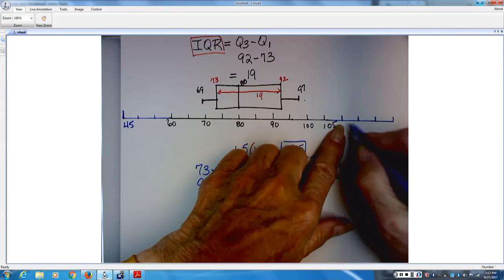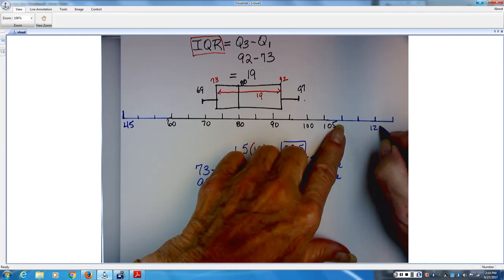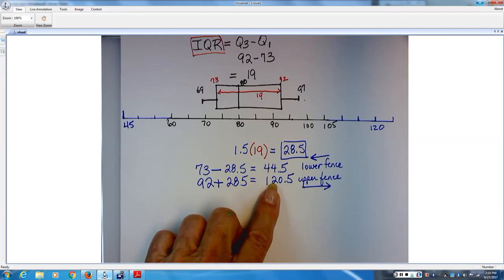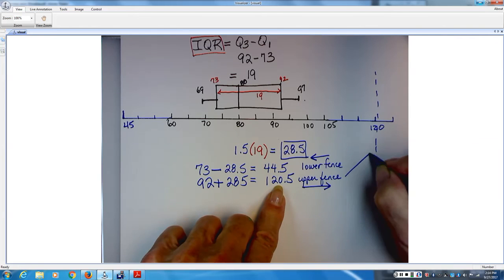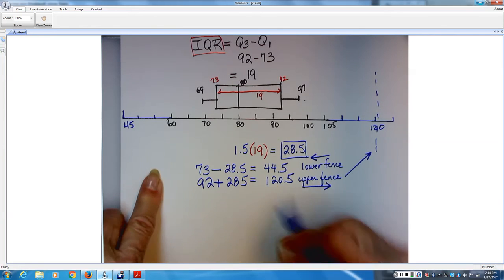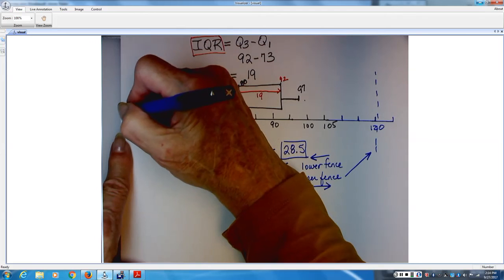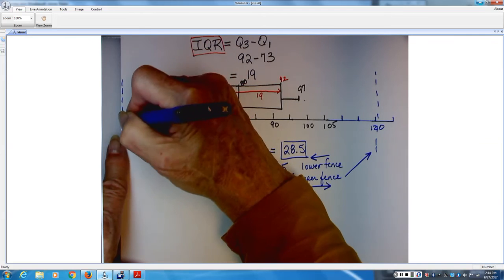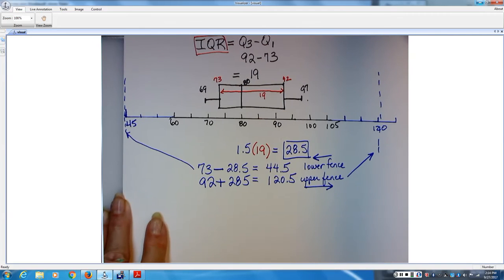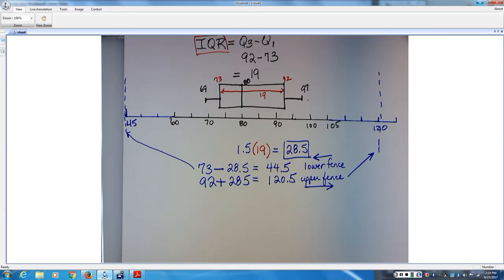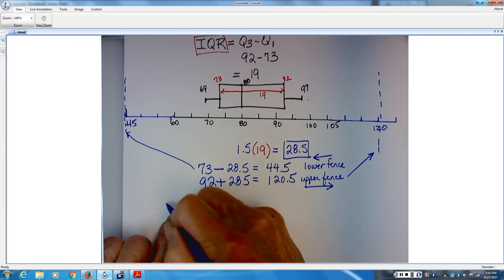So this would be 110, 115, 120. And our upper fence is 120 and a half. And our lower fence is 44 and a half, so it's actually right on the edge of my paper. It's actually below 45. So all of your data is inside the fences. That's what that says. All of your data is inside the fences, therefore there are no outliers.